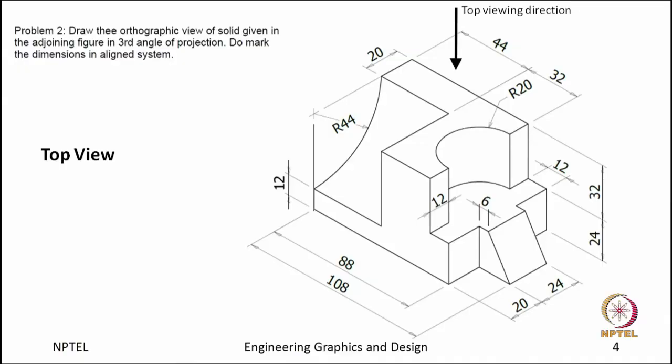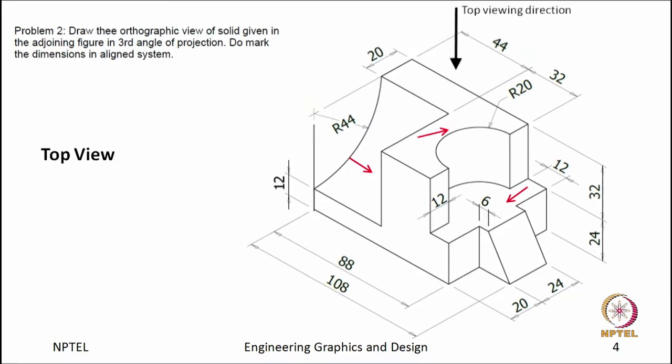What are the major features in our top view? If we look from the top, first we will see this surface, this whole surface. What is the next feature? This area, this whole zone with the curved face, we will see from the top view. Again, this curved surface, we can look at it from the top view as well as from the front view.